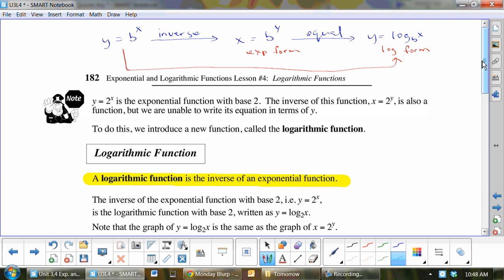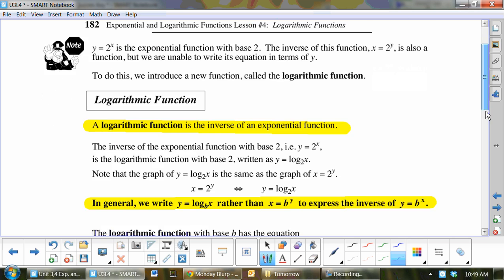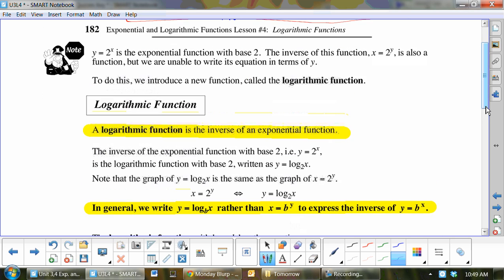What are these to each other? Would I write the word inverses or equal? Inverses. So that is what this says down here. In general, we write y equals log b to the x rather than x equals b to the y to express the inverse of y equals b to the x.